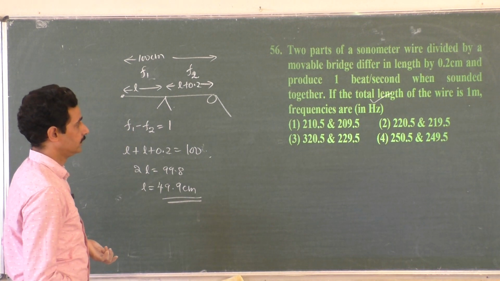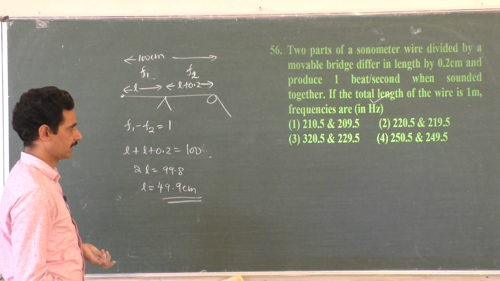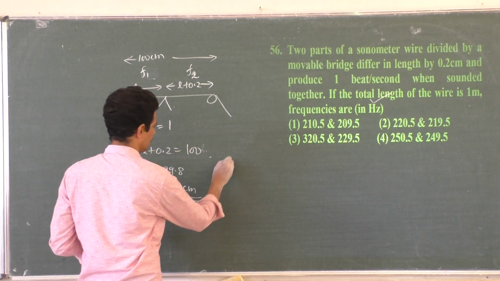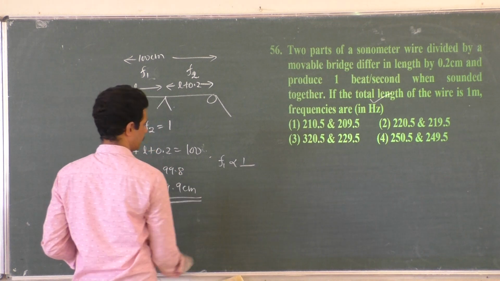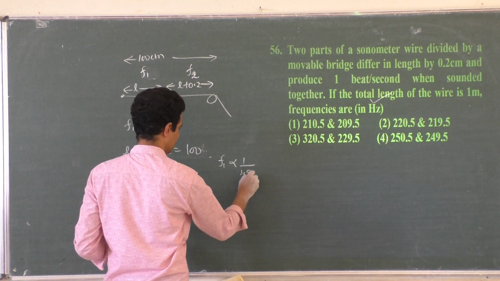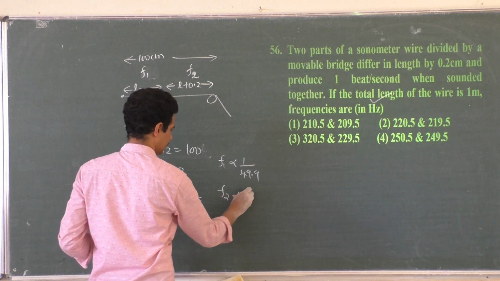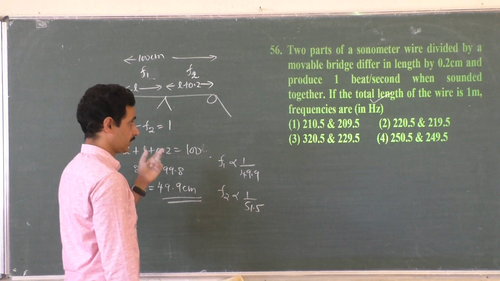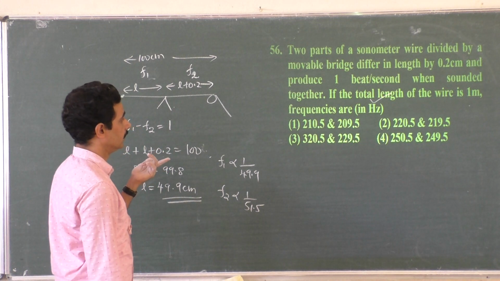Length is over. Now they give 1 beat per second when sounded together. So F1 is inversely proportional to 49.9, F2 inversely proportional to 50.1. Again the same procedure, you have to find the frequencies.